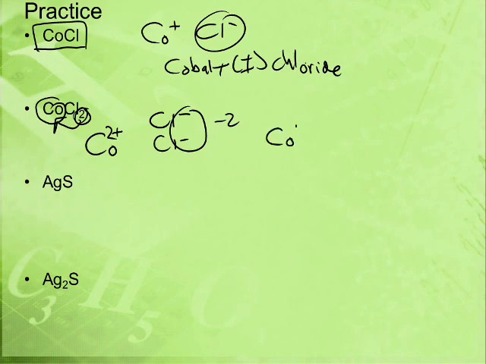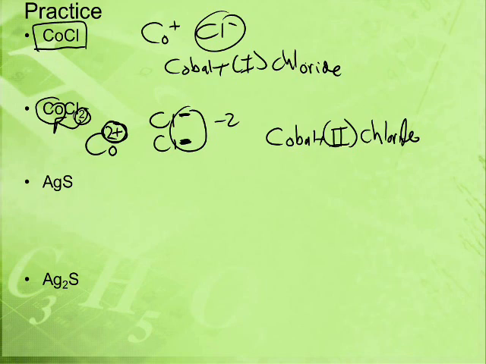So this is going to be cobalt 2 chloride. People will get in trouble because they'll think it's a negative number or they'll mix things up. You have to realize that this -2 causes this to be a +2, and if it's a +2, it's cobalt 2 chloride.